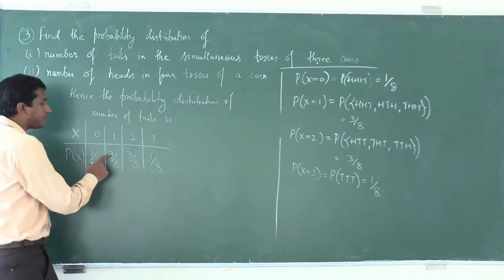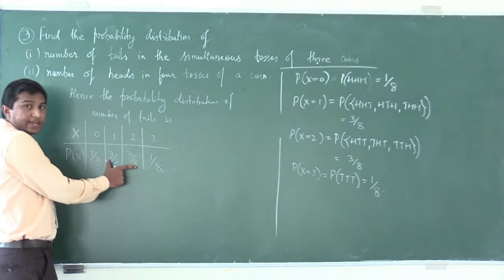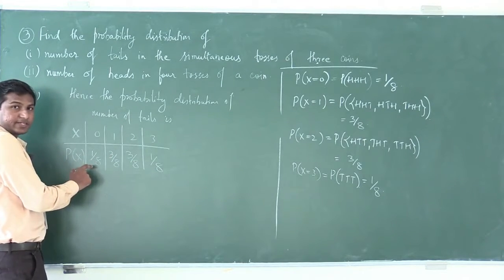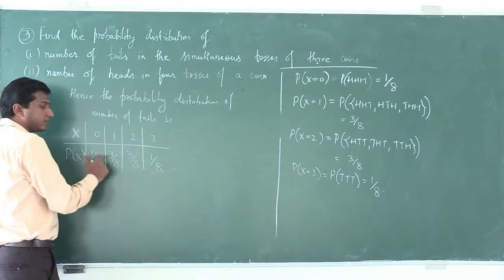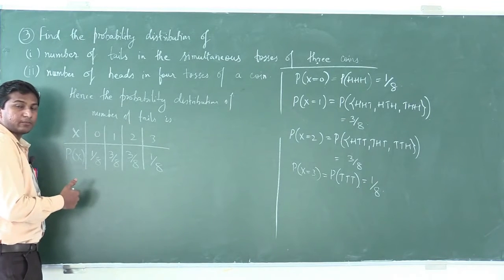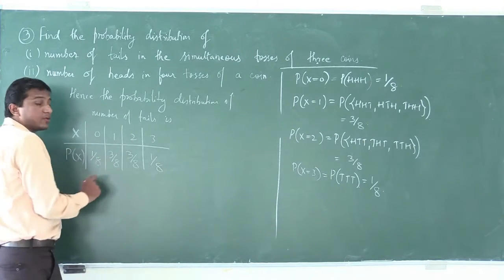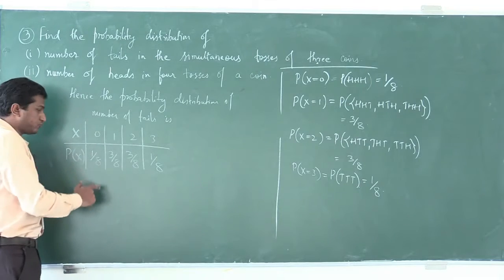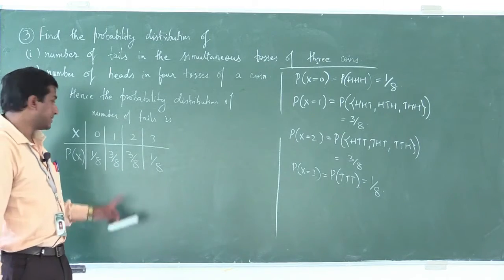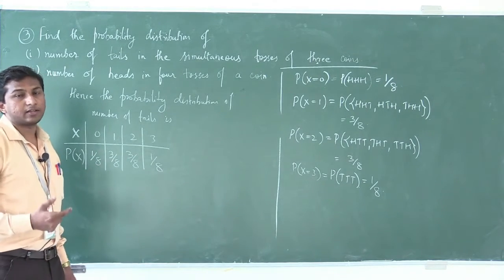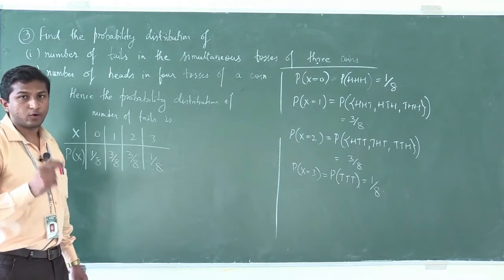Now look at every probability in the second row. 1 by 8, it is a number between 0 and 1. 3 by 8, again a number between 0 and 1. 3 by 8, 1 by 8. So these 4 numbers are numbers between 0 and 1.